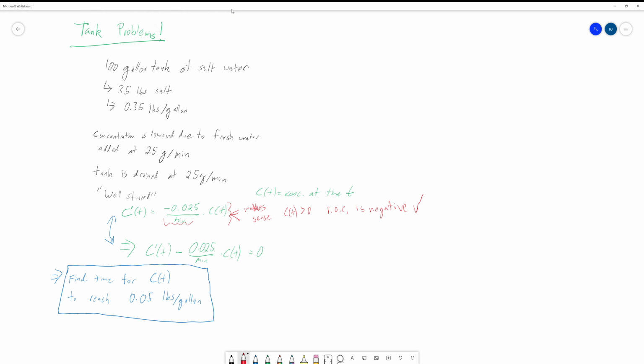And again, I just think that there might be a typo in the problem statement, so I'm checking that now. And then it says that the first order differential equation describing the concentration of salt in the tank at any instant is shown below, where time is in minutes. I'm pretty sure that this is supposed to be a plus.